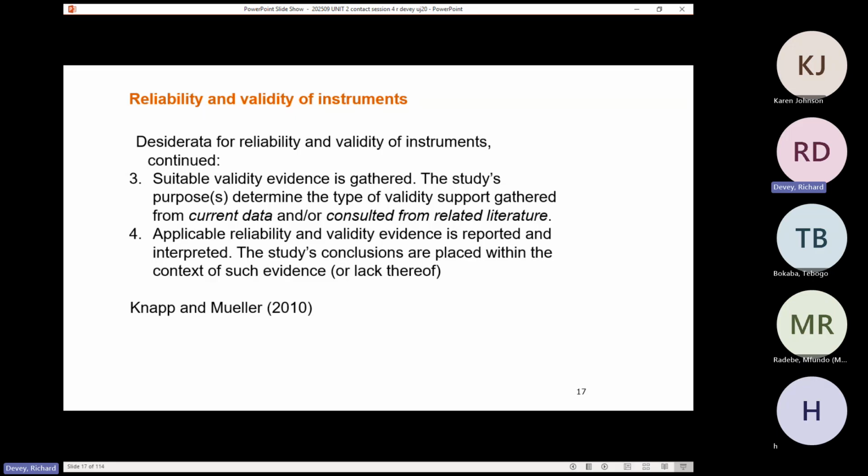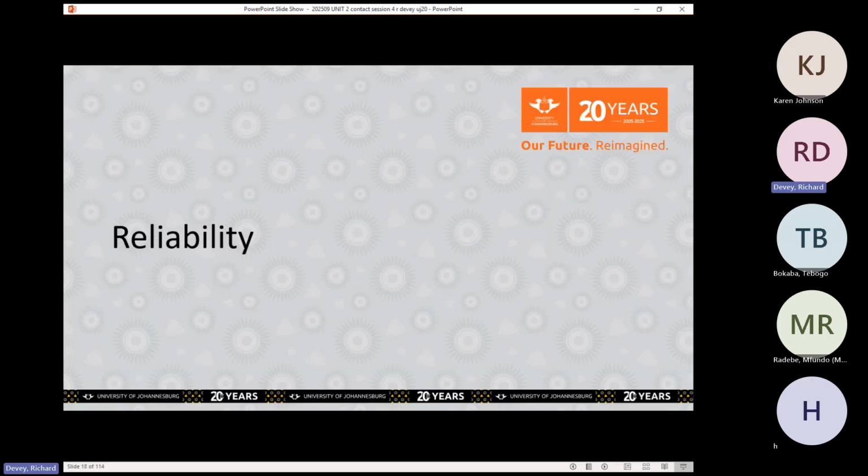Sometimes researchers will struggle to get papers published if there's no evidence of reliability and validity. So those are points to work out, and that's something you can use as a resource for the assignment too.